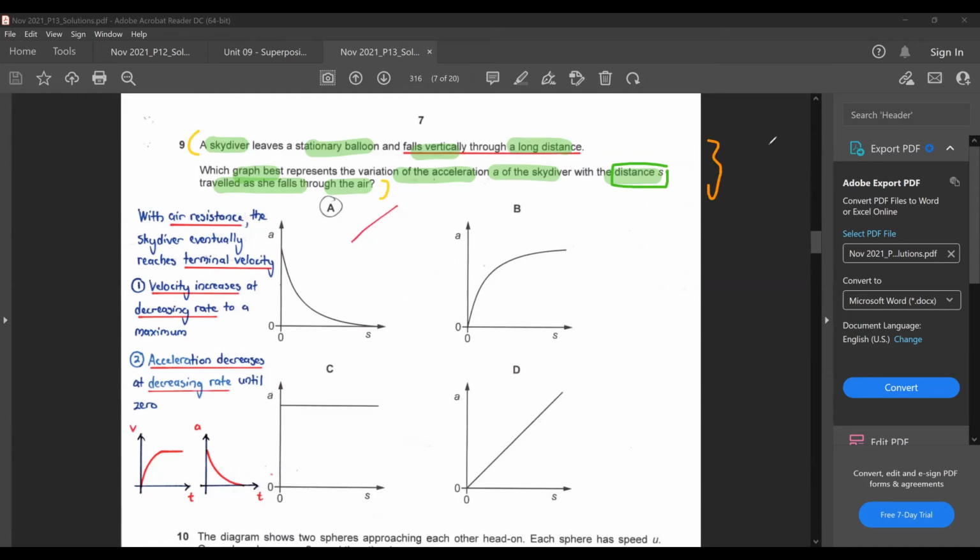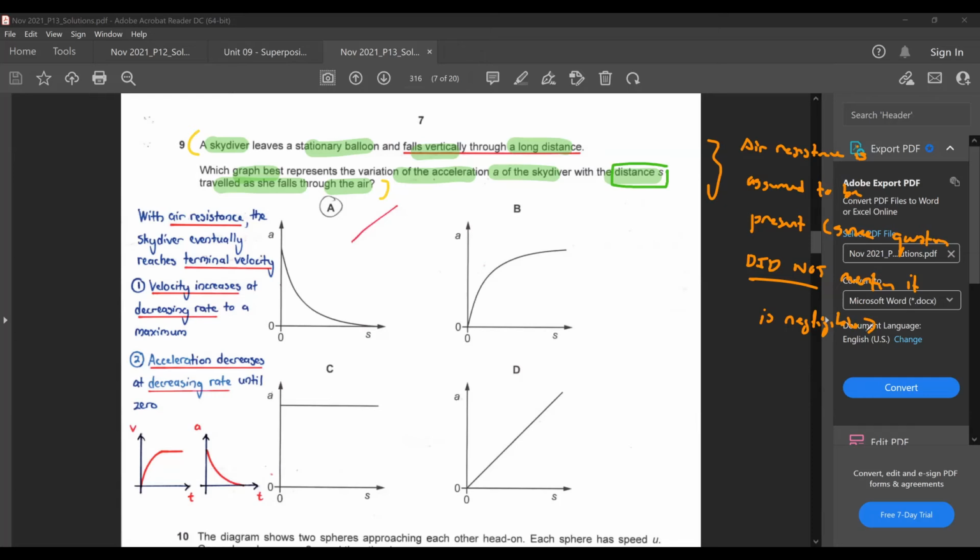So I better just make a note: air resistance is assumed to be present since the question did not mention it is negligible.